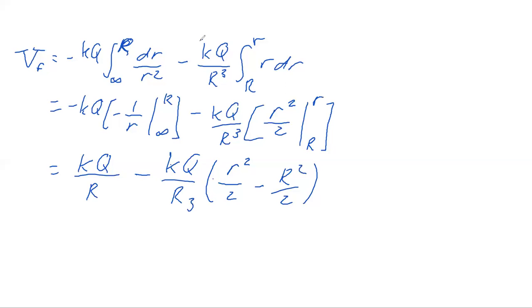All right, so there's our equation. Can we even simplify that? I don't know if we can or not. We'll probably factor out the KQ over R. Where does 3 come from? Oh, it's cubed.